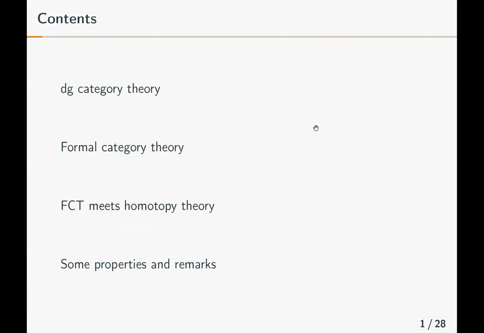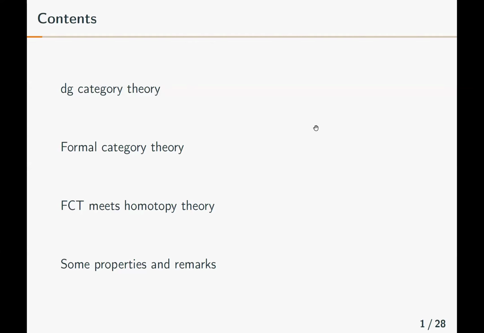Today's talk is based on my arXiv preprint with the same title. Here is the outline of this talk. First, I will briefly recall the DG categories and their homotopy theory. Second, I will introduce formal category theory.